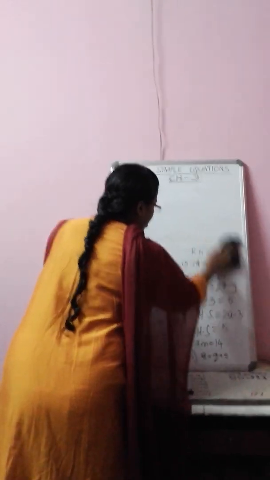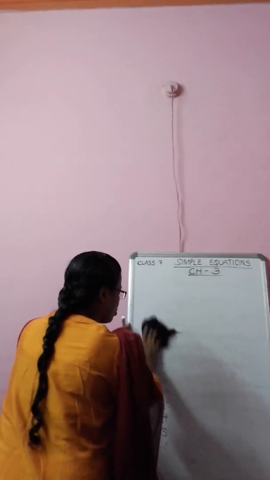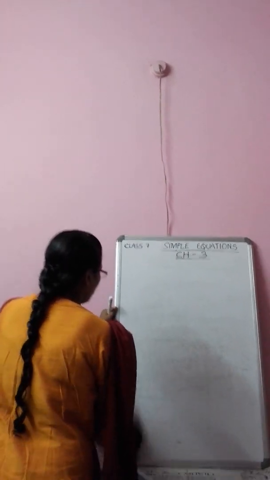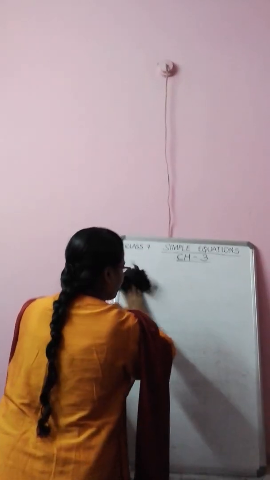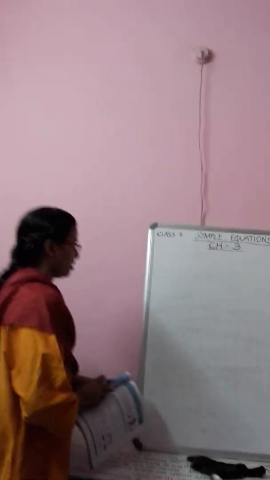Okay. Next problem is, using the trial and error method, we need to solve and find out the value of the variable. So let me copy the question.